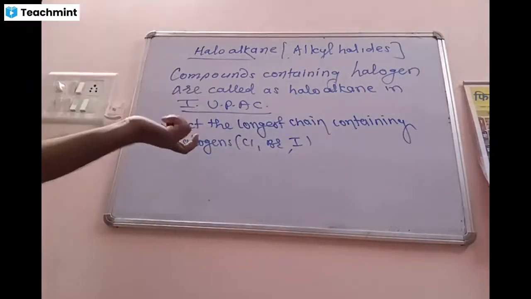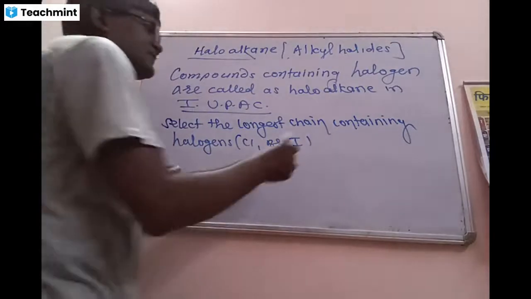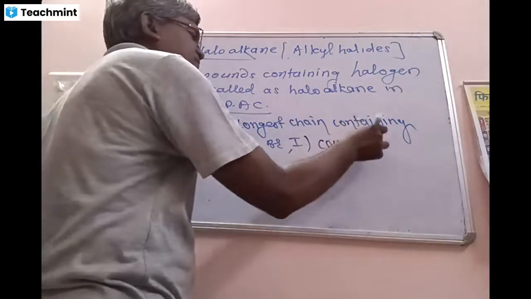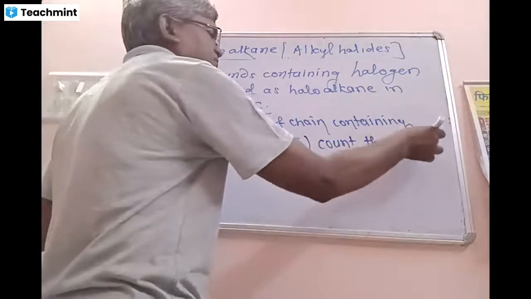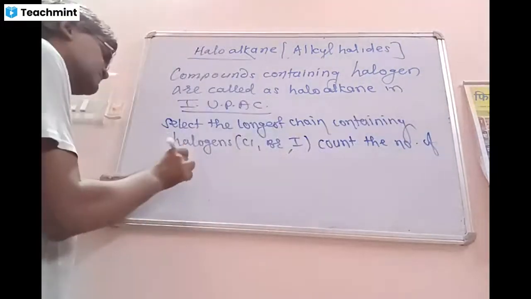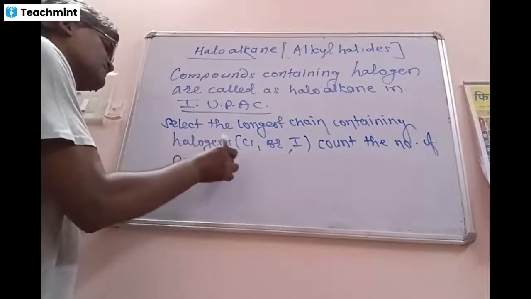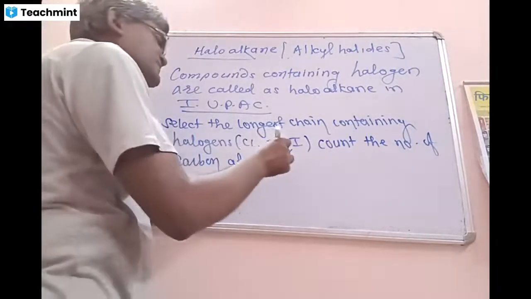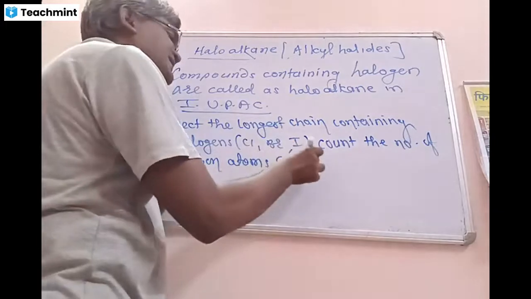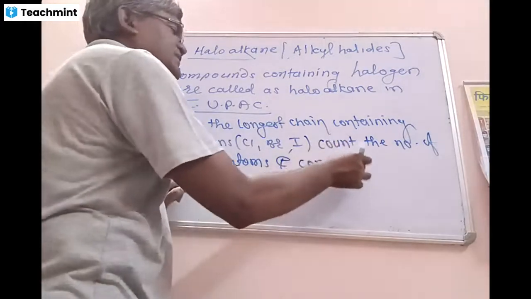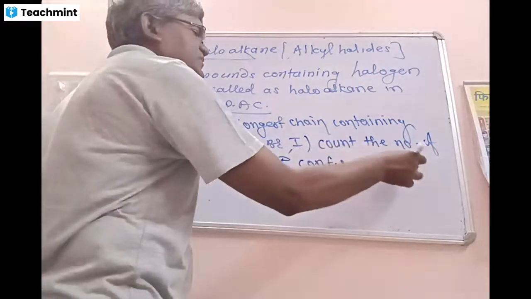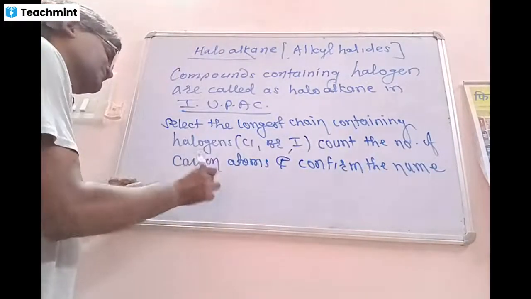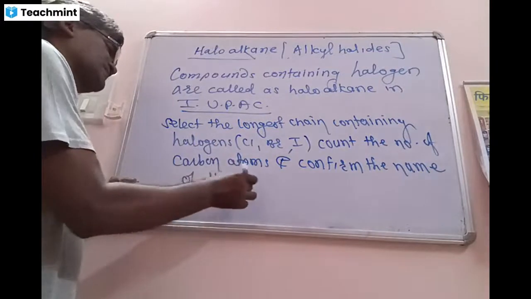It can be Cl, Br, or I. Then count the number of carbon atoms and confirm the name of the alkane.